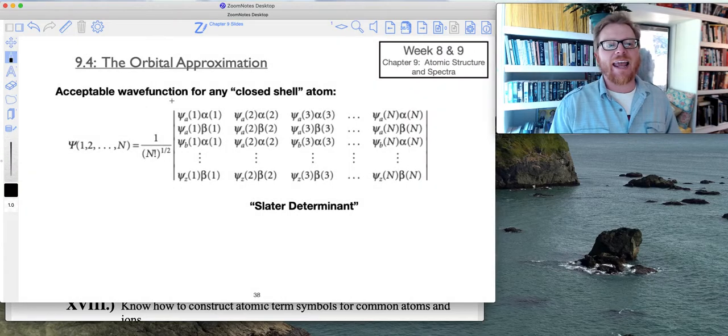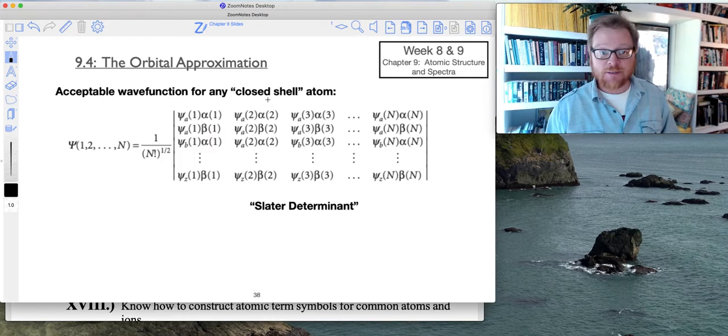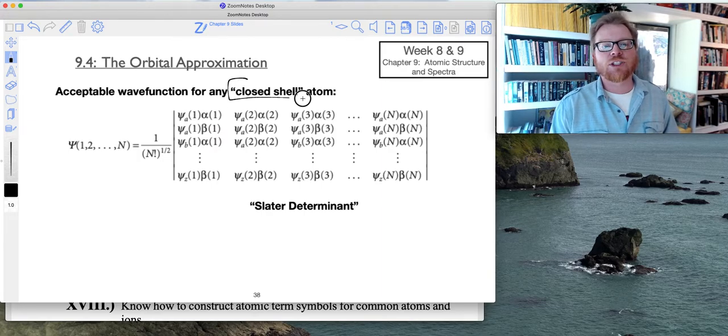So what about any closed shell atom? Well, this gets intense, because this could be applied to neon, argon, krypton, sodium plus, oxygen 2 minus. Any closed shell.